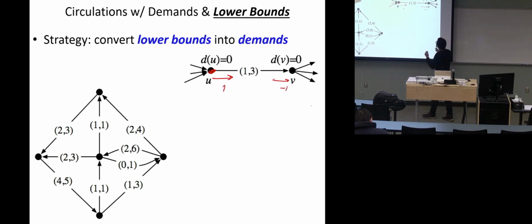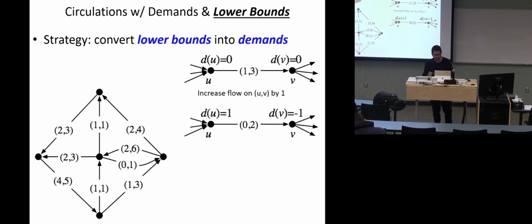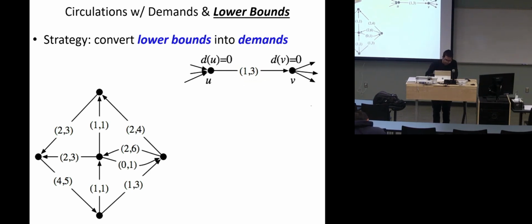If that is the case, then no matter what, the flow must go through this edge. One way to do this is to add one node here and one node here.